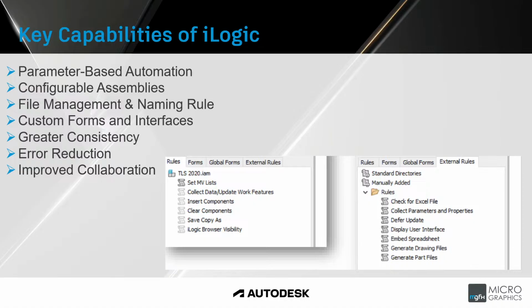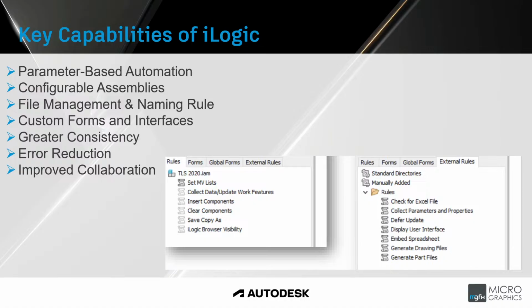Your configurable assemblies control component visibility, suppression, or even substitution. You can drive your BOMs and variations dynamically. For example, you can swap a motor or fastener based on power rating or application type.